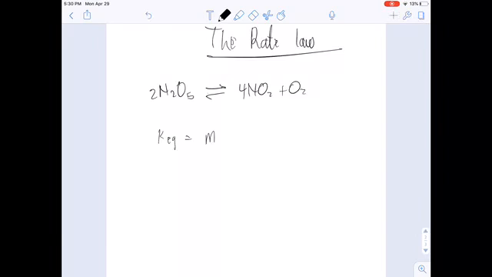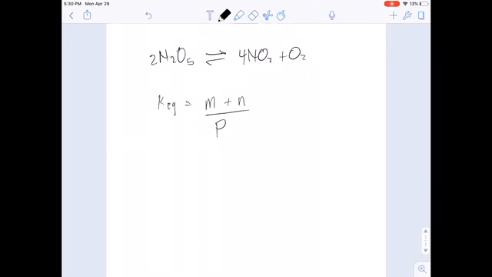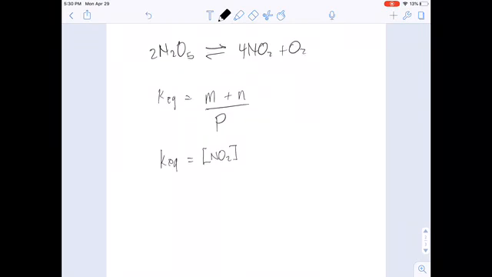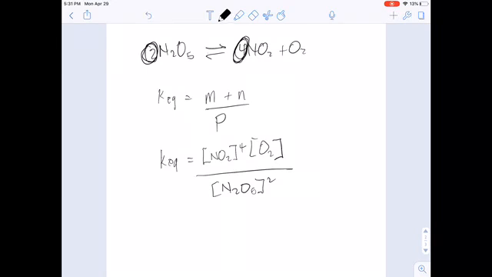Reactants will be represented by M plus N over the product P. So it's going to be K equilibrium, the concentration of nitrogen dioxide raised to the power 4 because of this here, 4, and the concentration of oxygen, it doesn't have anything, so you don't put it over the product, which is N2O5 to the power 2, which is this. So you calculate for the concentrations.